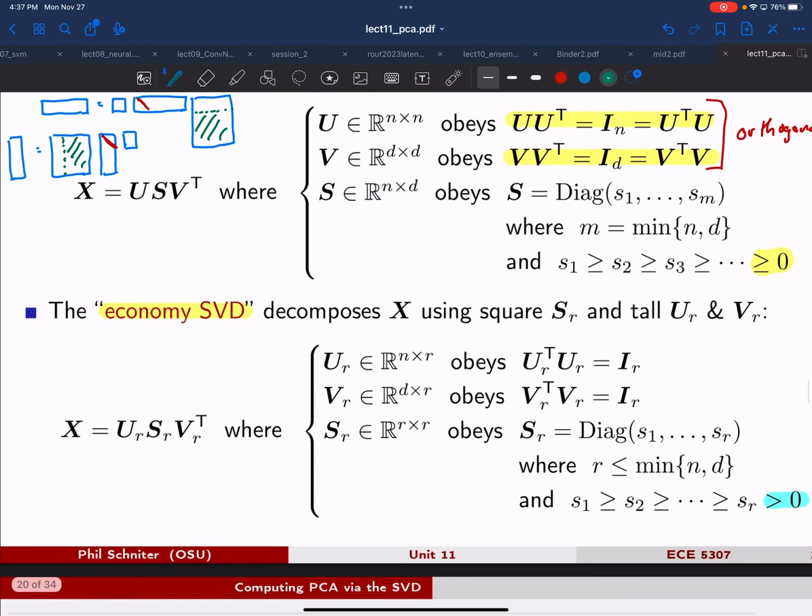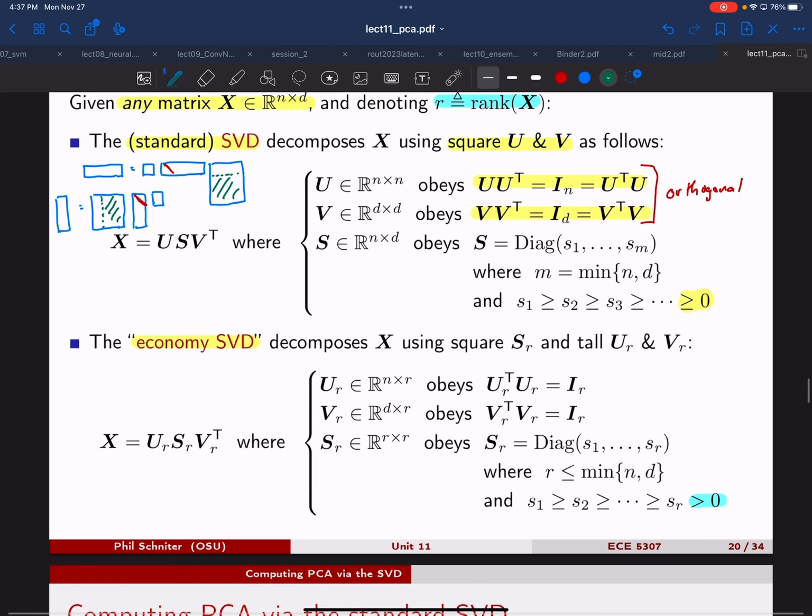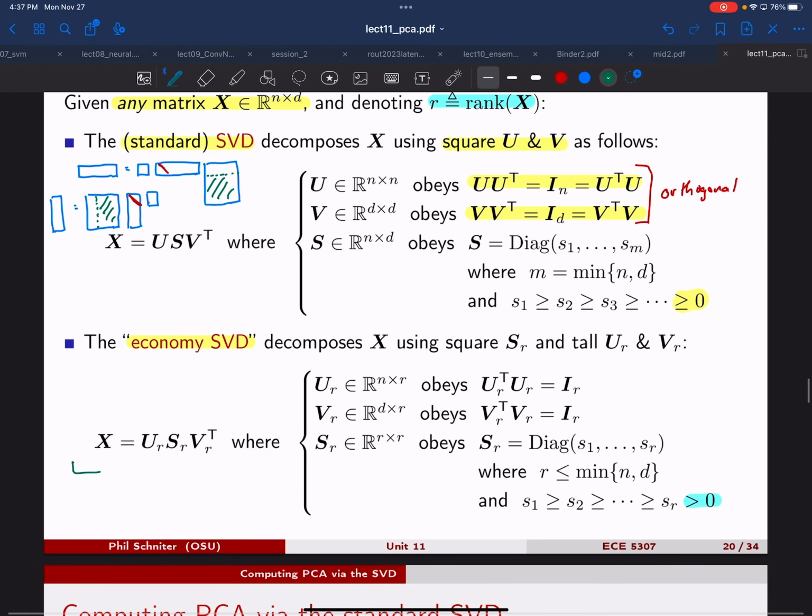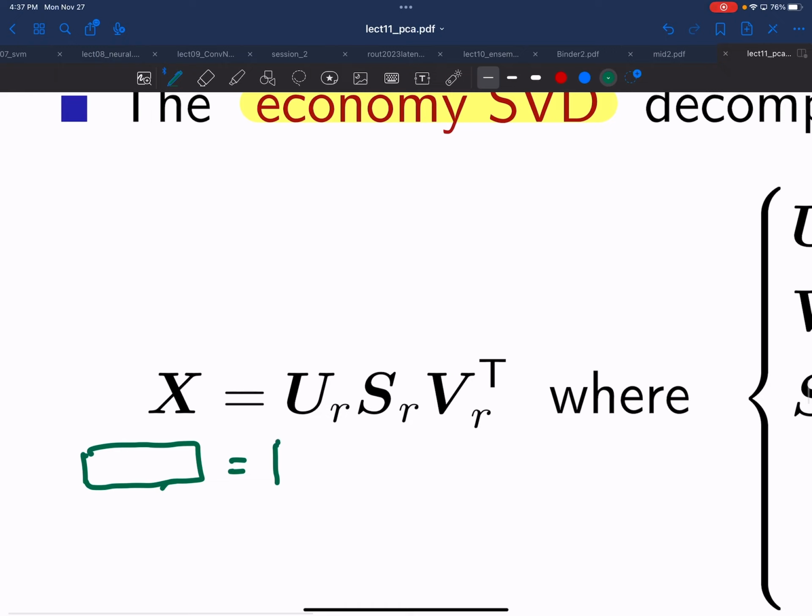And as a result, let me draw a few more pictures here. So let's take the wide case. So you can have a matrix like this. This might be like this, and like this. So these are now all non-zero.